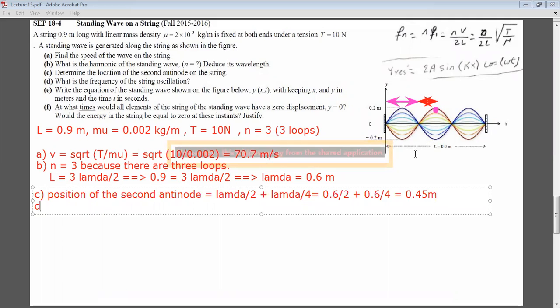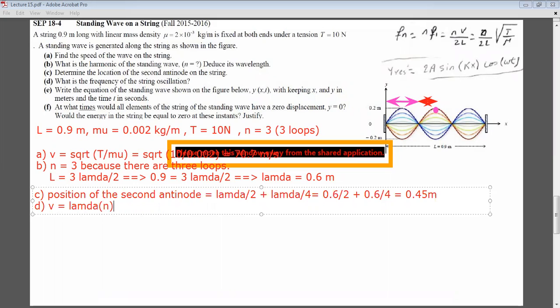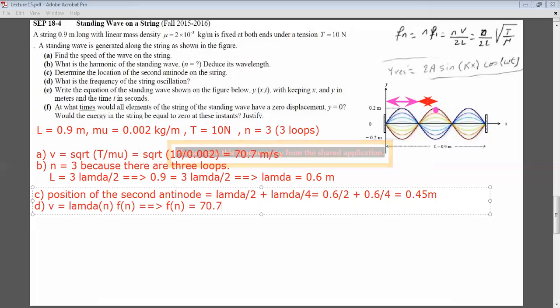This is part C. Part D: what is the frequency of the string oscillation? Here we have to remember that v is equal to lambda_n times frequency f_n, because lambda and f depend on n. So f_n is equal to v, which we calculated as 70.7, divided by lambda_n, which is 0.6.